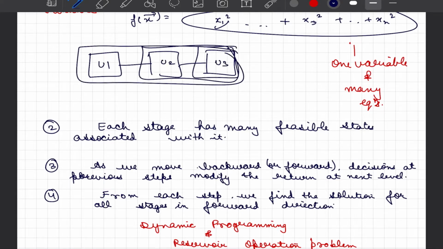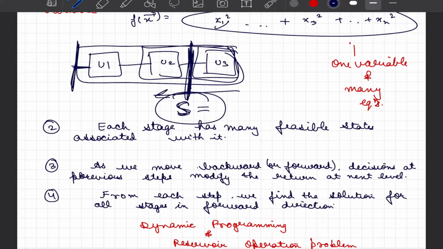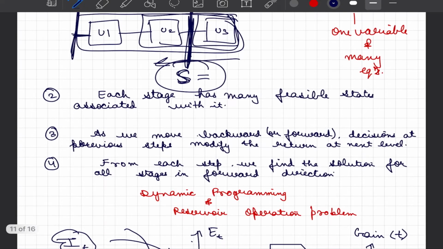And at each stage, we want to identify all the possible states that this user can take, or what are the possible boundary conditions if they are specified to us. And by satisfying those boundary conditions, what are the other states we can have. And then what we do, we move backward and try to make the best decision for the entire system up to that point wherever we have reached.